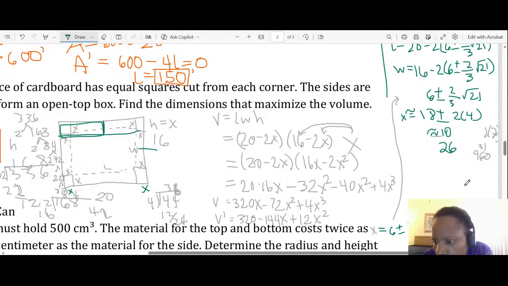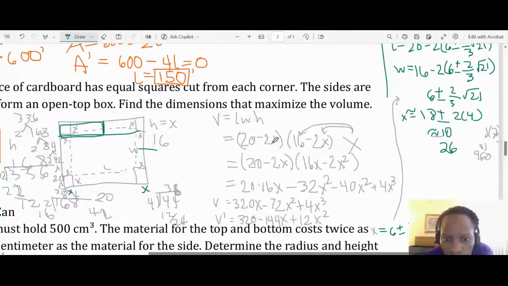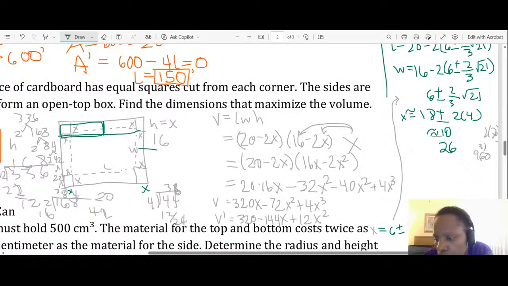Okay. Instead of 8, because 20 minus 4 and 20 minus 6 is 14. So that's going to maximize it. So we're not going to take the plus, we're going to take the minus option.